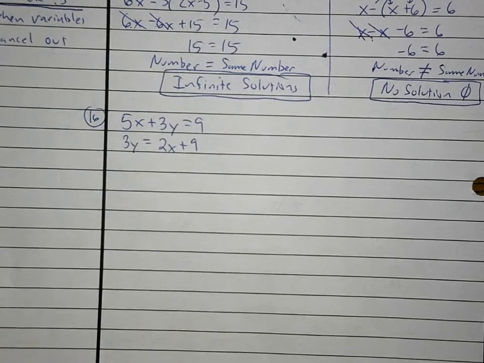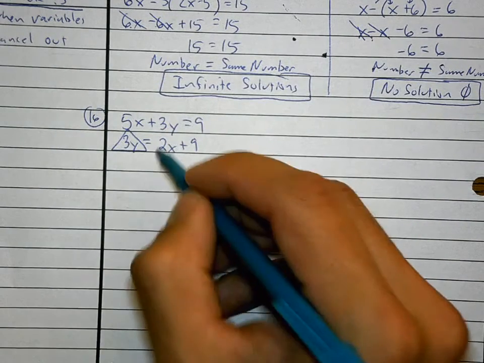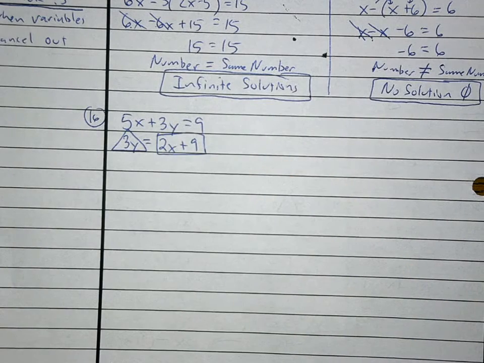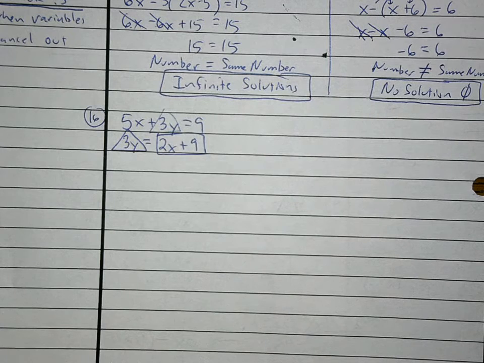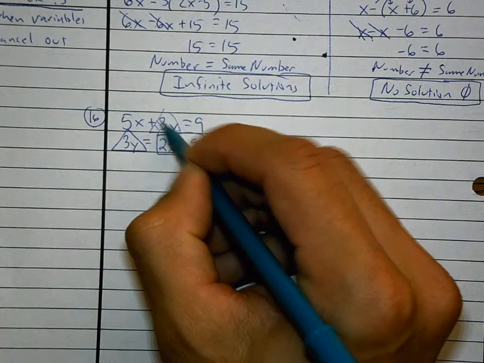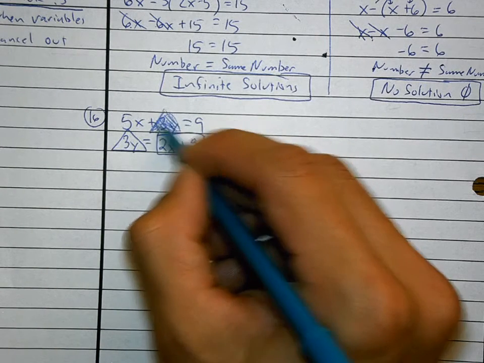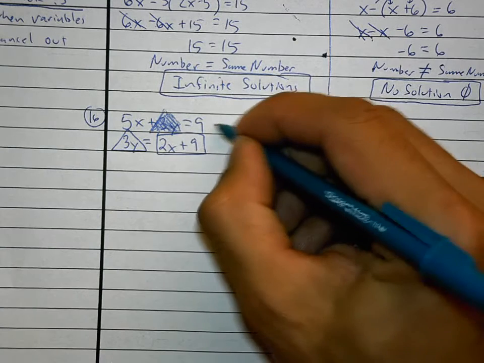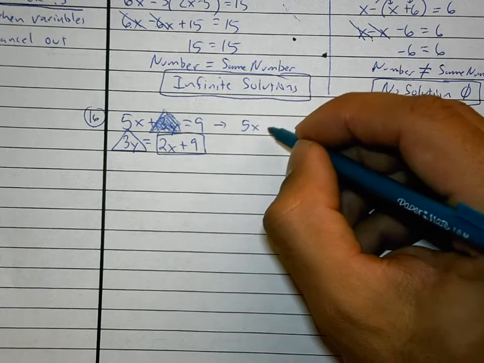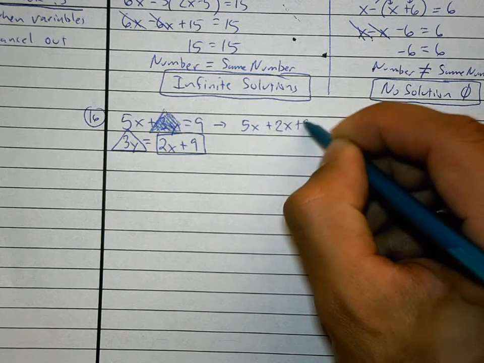So let me show you the math on this. If I have my triangle here, because I know what 3y is, 3y is the same thing as that. And I see a triangle in the top equation that I can replace. So instead of me writing this, see how I can cross off this triangle, and I'm going to fill it in with this rectangle. 5x plus, instead of the triangle, I can replace it with 2x plus 9.